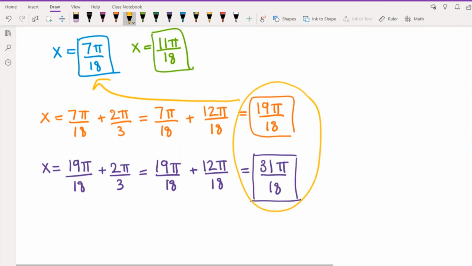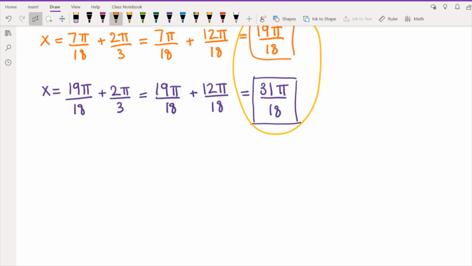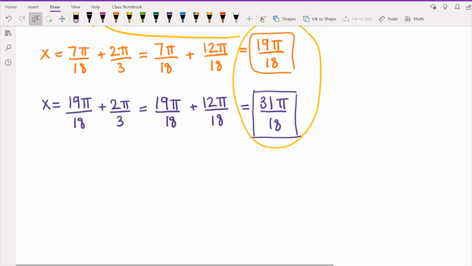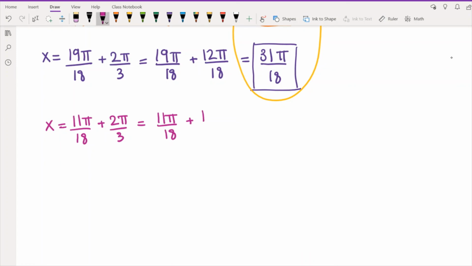So now we're going to do the same thing with 11 pi over 18. We could get another solution by saying x is equal to 11 pi over 18 plus 2 pi over 3. So we make a common denominator, and that's going to be adding 12 pi over 18. And that gives us 23 pi over 18.